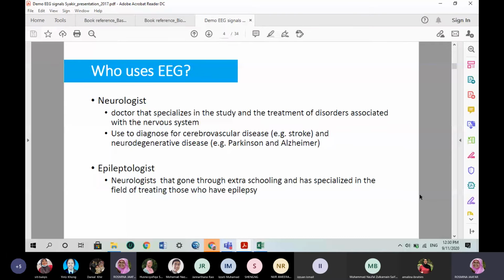Okay. Who uses EEG? The neurologist. The neurologist is the doctor that specializes in the study and the treatment of disorders associated with the nervous system.